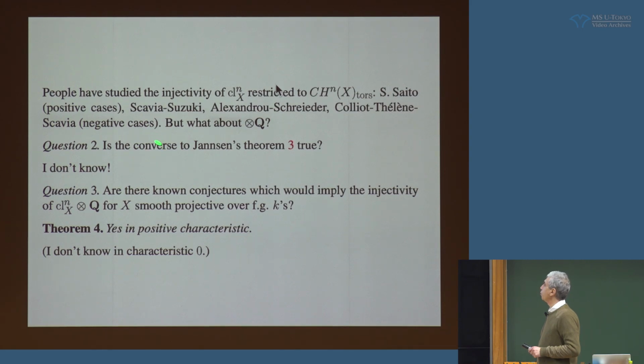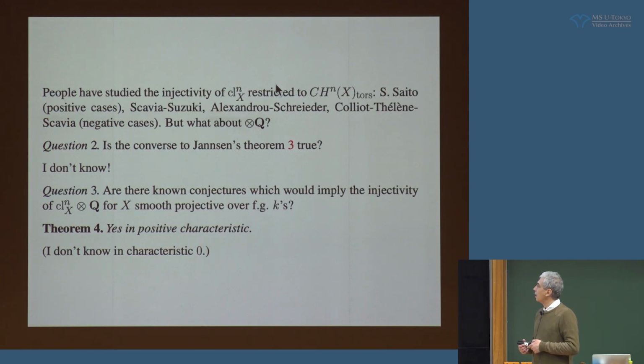So I know three papers, one by Scavia and Suzuki, one by Alexandrou and Schreieder, and one by Kollár-Tielen and Scavia. For me, it was a bit strange because they look at the question modulo torsion, but they don't try to study what happens tensor Q, which would be the first thing to look at, I think.